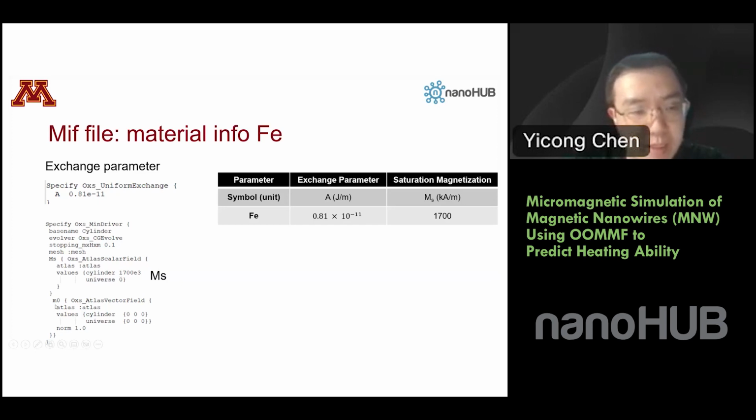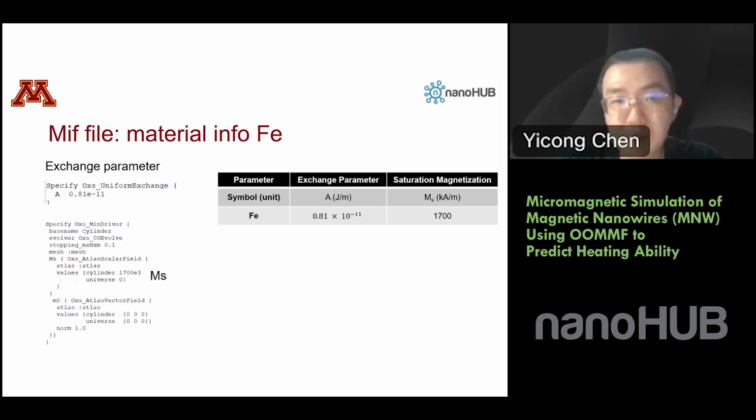And M0 is like the starting point of M, which should not matter too much for our simulation results, because after applying the external field, the M will change immediately.